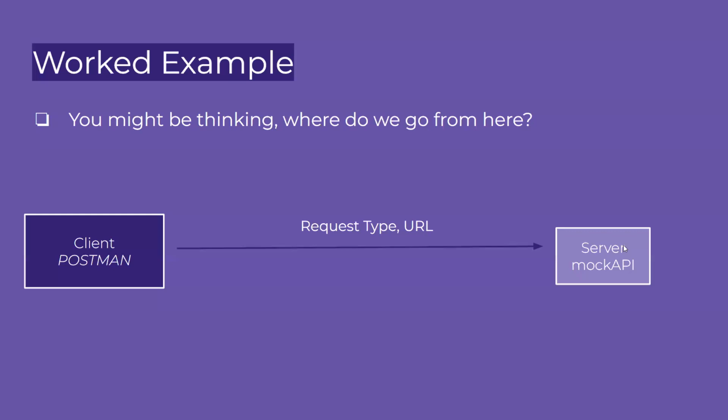A good analogy is that if a server is a building, the mock API is like the windows, or the different entrances, the different doors to get to this building. So I'm going to be sending the request type and the URL, and this URL is almost like an address to the API. This will be a little more clear when I actually show what it looks like.